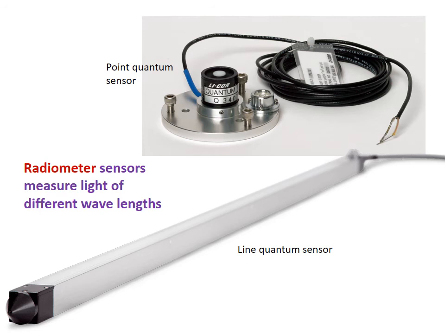So you will need to use such a type of radiometer, which is actually called a line quantum sensor. So what you should know is that there are radiometers for measuring UV radiation, infrared radiation, and the visible part of the spectrum. Then there are of course radiometers which will measure the total solar radiation also. So depending upon your requirement, you have to buy that kind of radiometer.